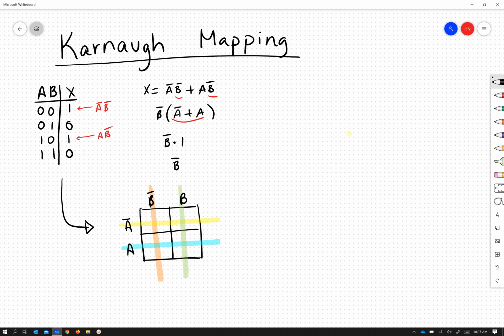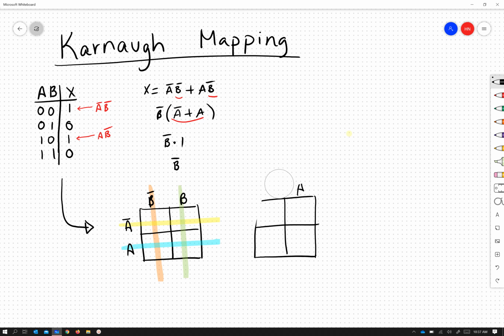I could put the A's on top and the B's on the side, but just to keep things flowing so that we all do it the same and can help each other, we usually put the first variable on the left and the second one on the top.